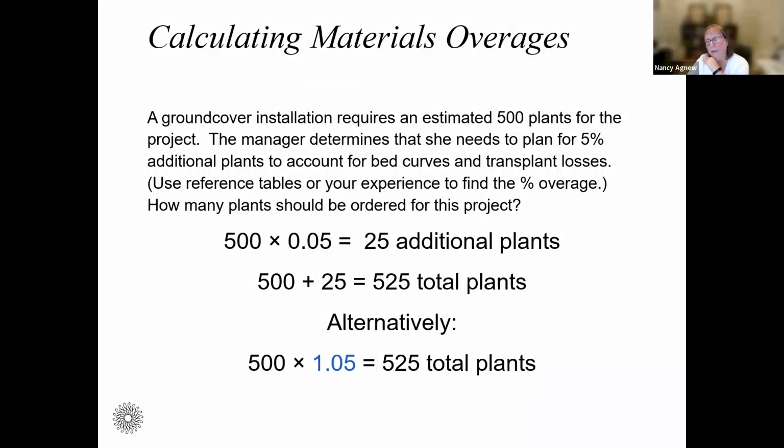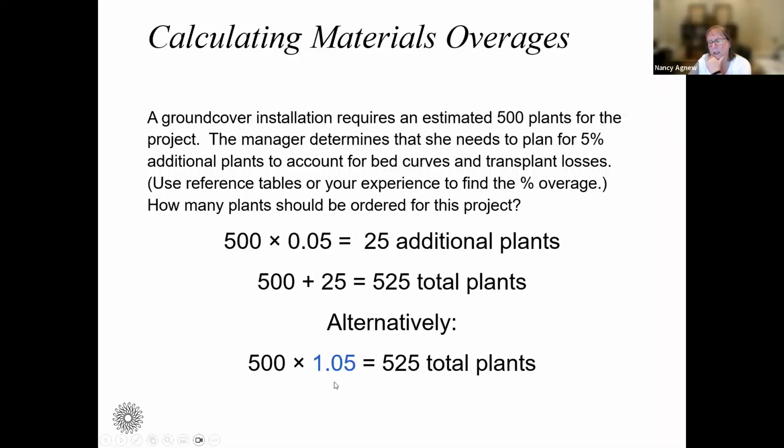So I like to take a shortcut to the answer. And instead of doing this two-step problem, I do it in one mathematical problem. So if we need 500 plants and we want to add 5% extra, we'll put the 0.05, but we need another whole 500 plants. So I multiply 500 times 1.05.